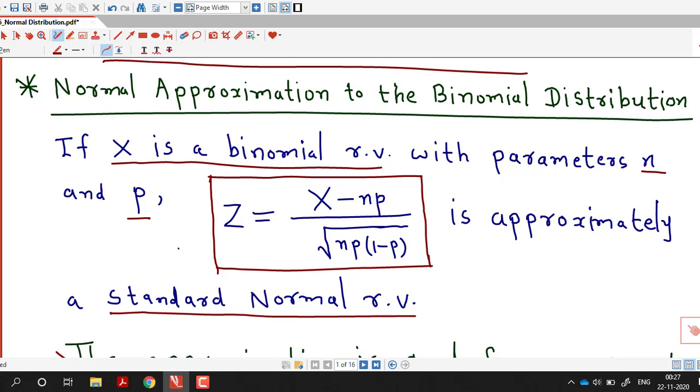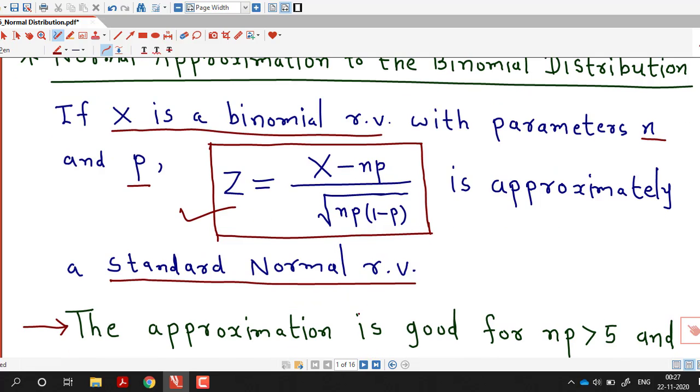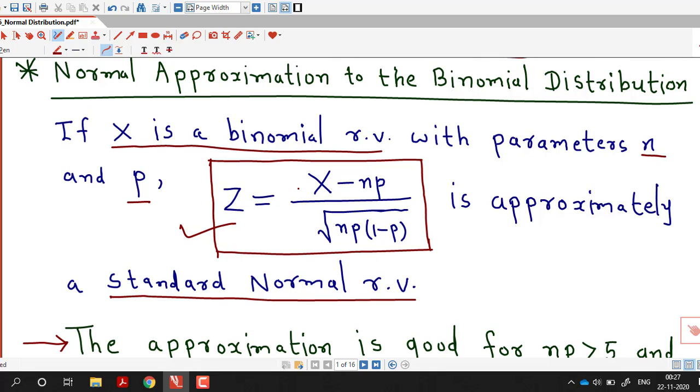This new random variable is approximately a standard normal random variable. So this result says that we can approximate binomial probability distribution using standard normal probability distribution.